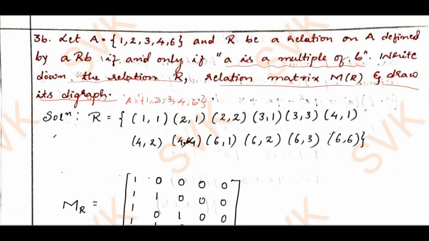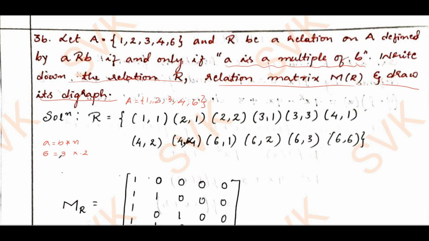What does a is a multiple of b mean? It is simple. A should be equal to b times some value n. For example, if I consider 6 as a and 3 as b, 3 is multiplied by 2 here.